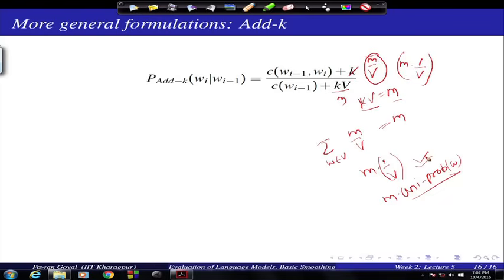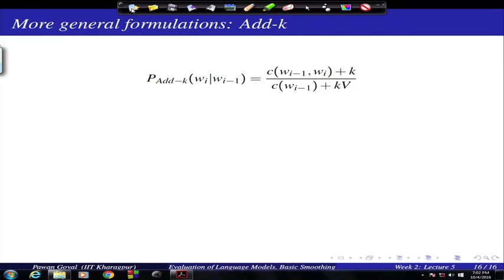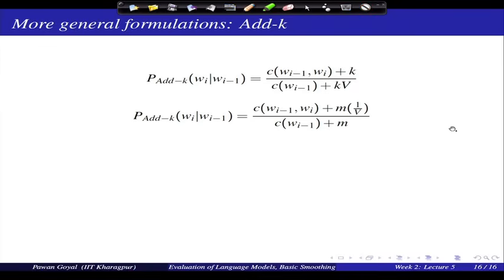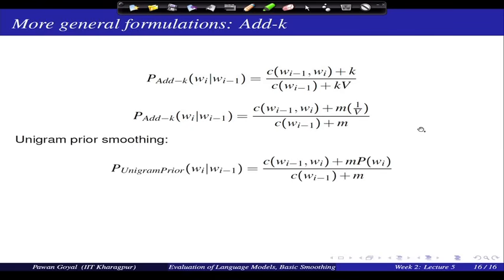Why is that? Let us first see all these variations. When I replace kV by m, that's what I get, and in place of 1 by V, I can also replace the probability of the word. That will be a different smoothing, but what we are saying is that this might be a better way of doing smoothing. This is called unigram prior smoothing.